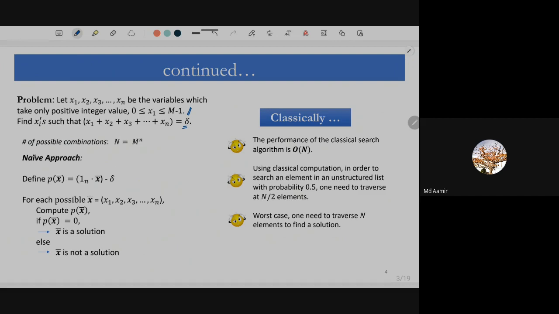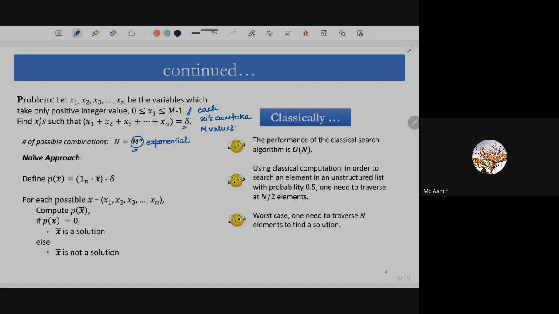Here we have an exponential number of possibilities. We have x1, x2, x3, up to xn, and each xi can take m values. So the total number of possible combinations will be m raised to n, that is exponential.